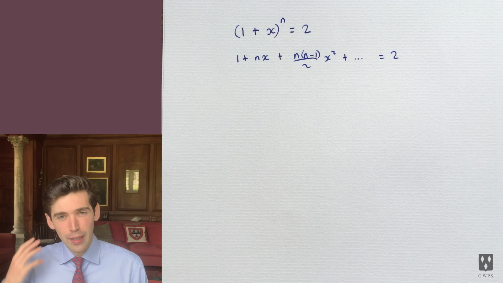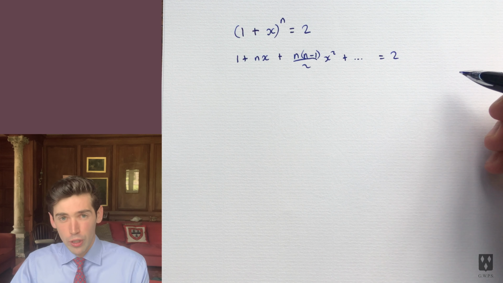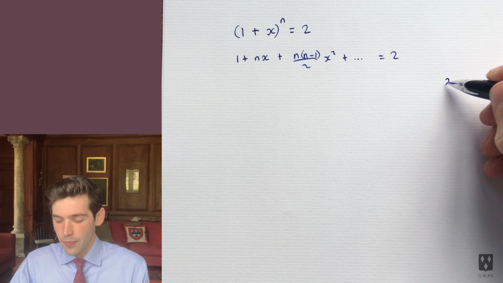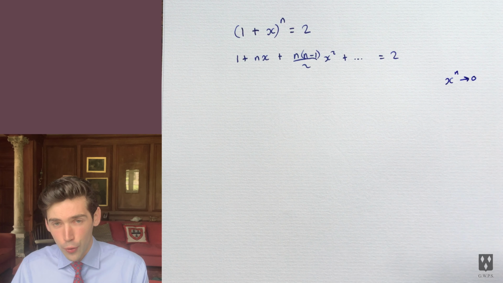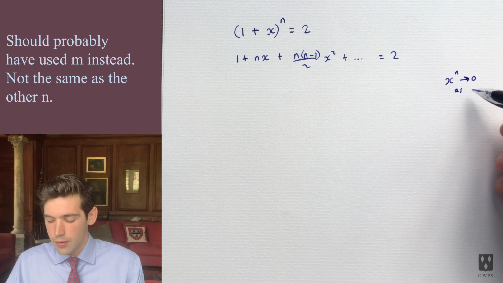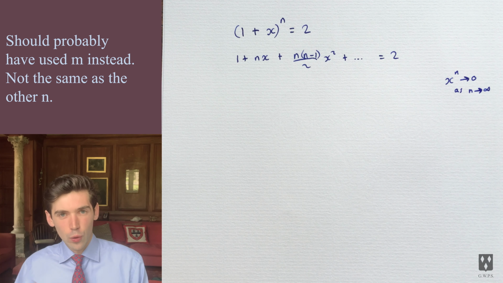And it turns out that we can, because x is small, it's less than 1, and as you raise the power of x, it gets much, much smaller. So on the side, x to the n tends to 0 as n tends to infinity. In other words, these get smaller and we can eventually just ignore them.